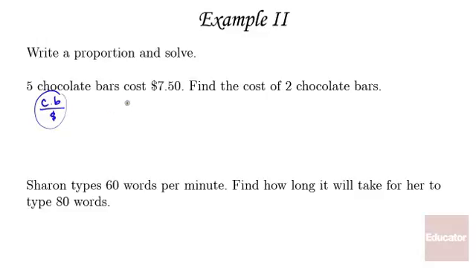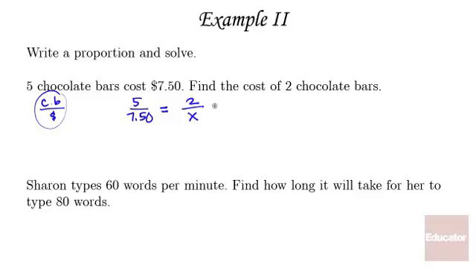So chocolate bars, 5 chocolate bars, 5 on top, over money, $7.50 on the bottom, equal to chocolate bars, that's 2 on the top, over the amount of money on the bottom.